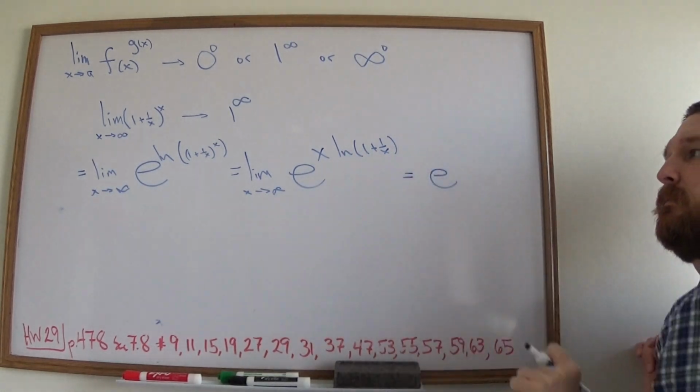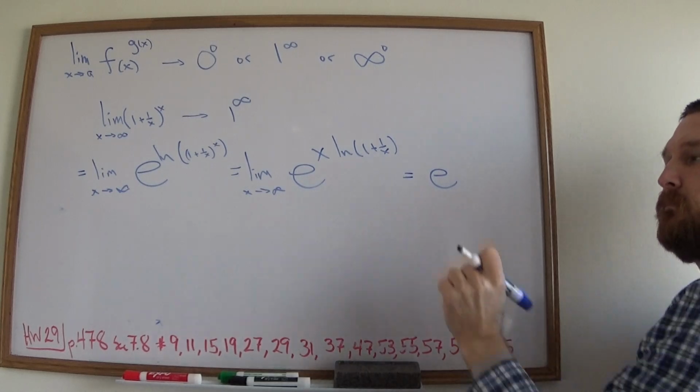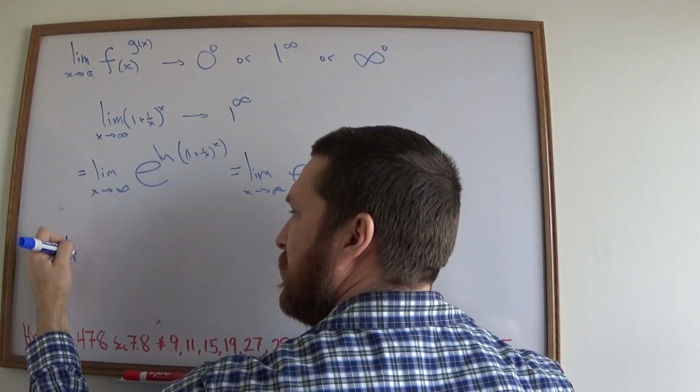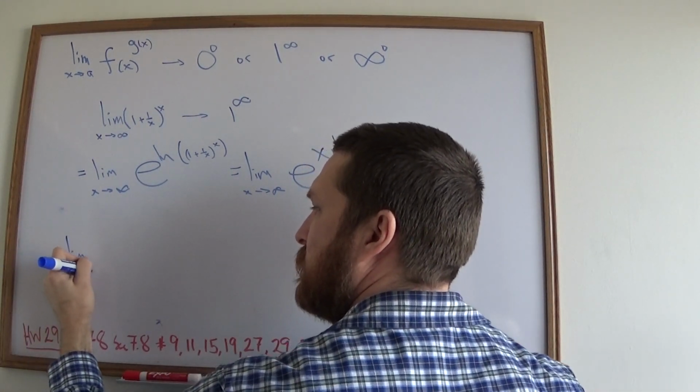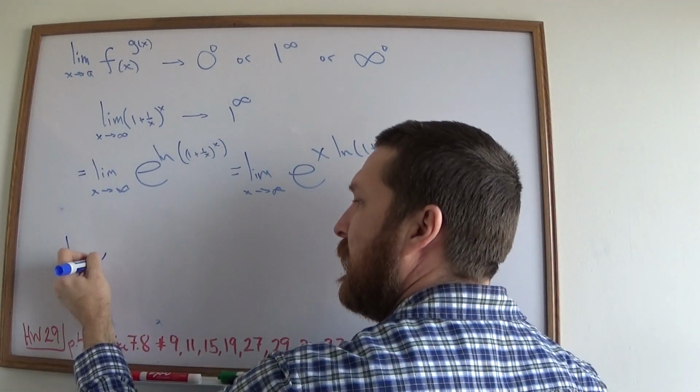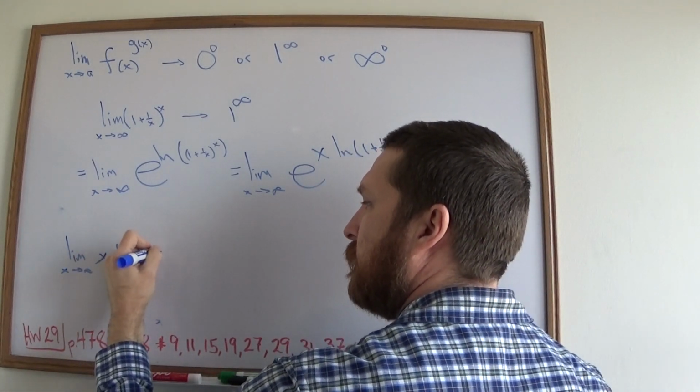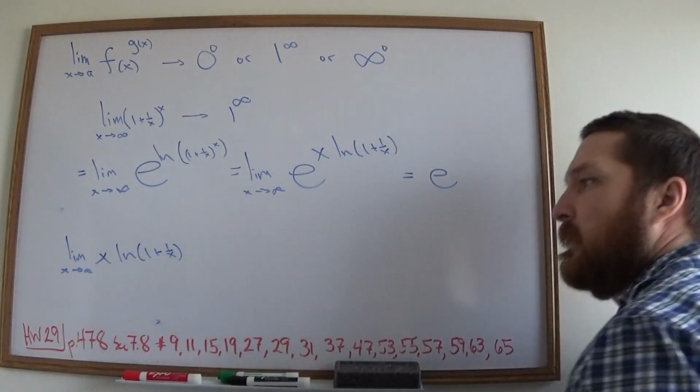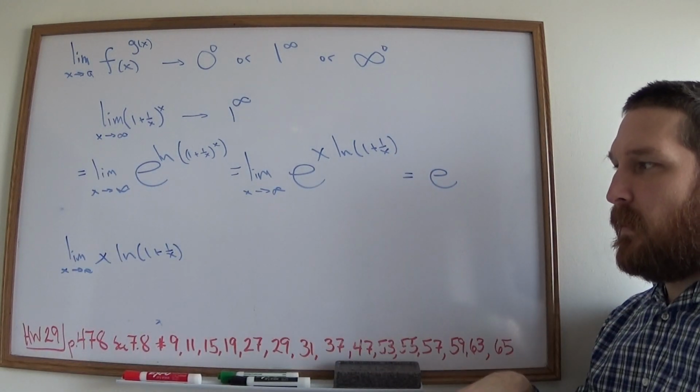Okay? So what is the limit as x goes to infinity of x log 1 plus 1 over x? It's infinity times 0.